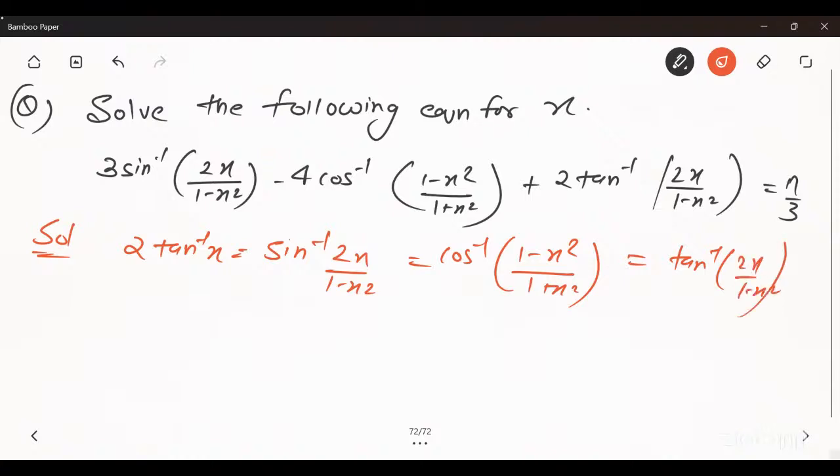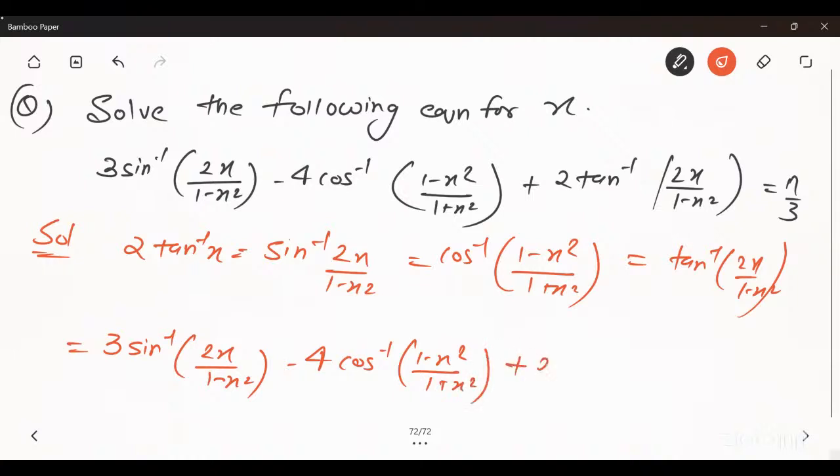So taking the LHS, we have to solve for the value of x. The equation is 3 sine inverse 2x upon 1 plus x square minus 4 cos inverse 1 minus x square upon 1 plus x square plus 2 tan inverse 2x upon 1 minus x square is equal to pi by 3.